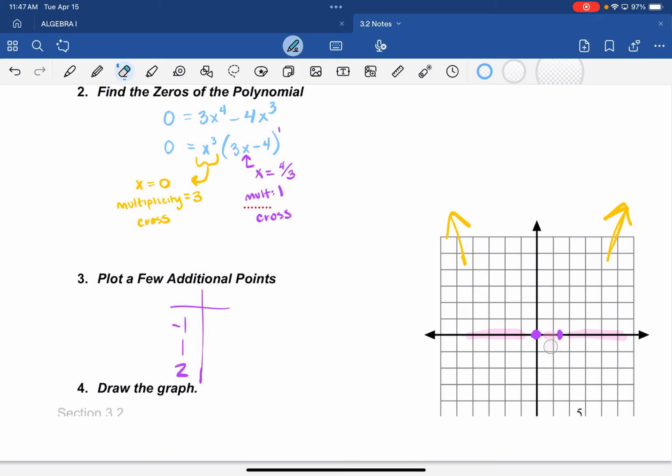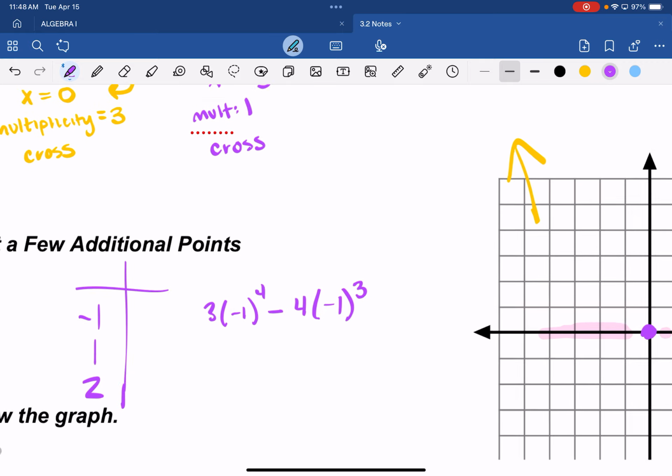You can do these one of 2 ways. You can type your equation in your calculator and go to the table. Or you can take each point and plug it into our original problem up here. So I'm just going to write out the first one so you'd see what we would do in our calculator. So that's what you could do.